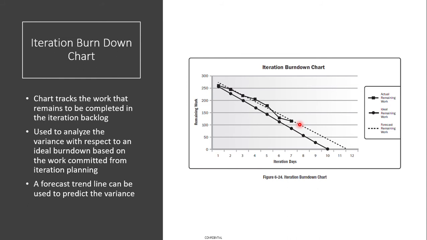So if you plot up the balance part of the work on the graph, you can extrapolate and see where you will end up in the project timeline, and see whether there is a variation between the planned time plan and the projected time plan. So the iterative burndown chart can be used as a forecast trend line to predict the variance.